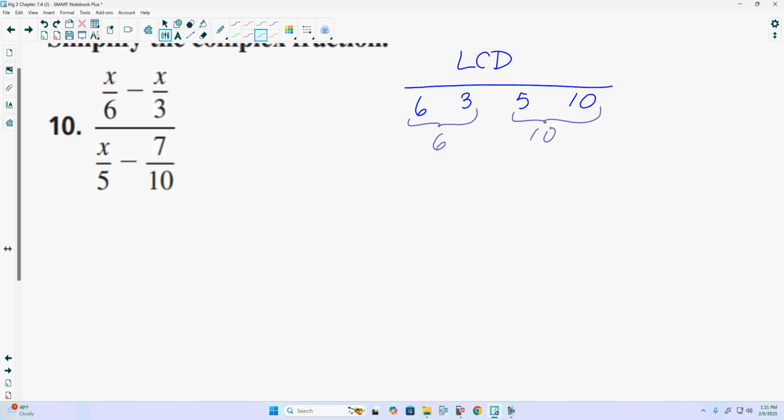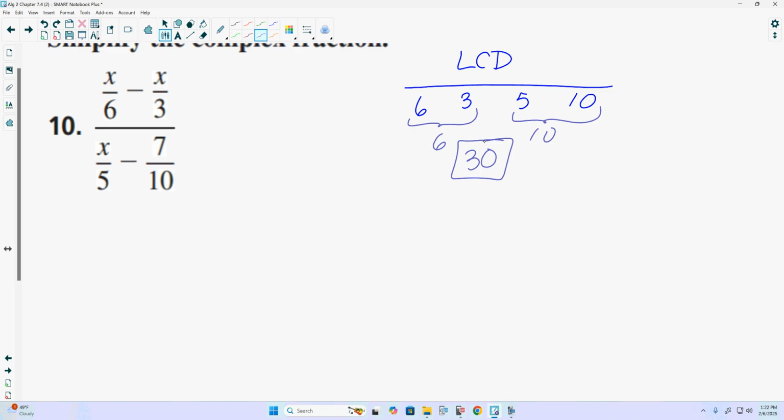So at first it looks like we're looking at a least common denominator for 4 numbers, but really we can just look at a least common denominator for 2. So now we're trying to figure out what is the first number 6 and 10 can both be. 30. So our least common denominator for this problem is 30. It might be very tempting to want to say 60, but that's going to be a common denominator, not the least.